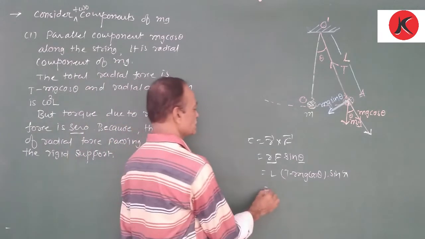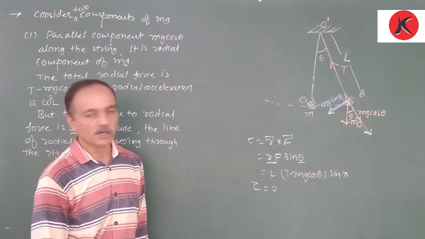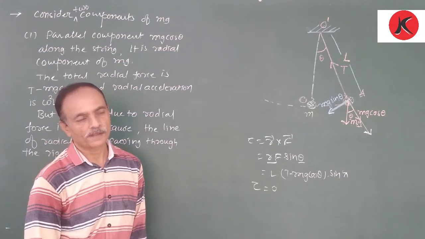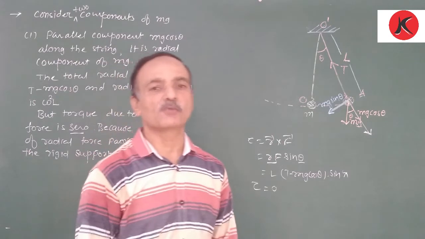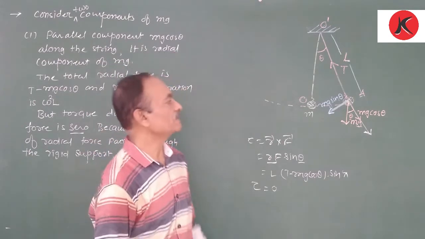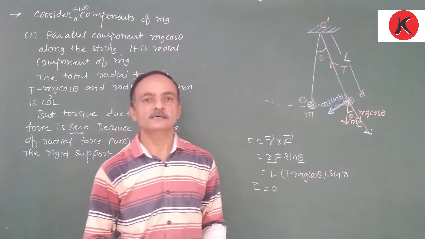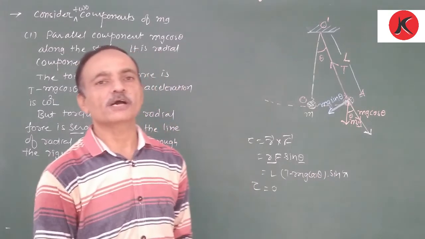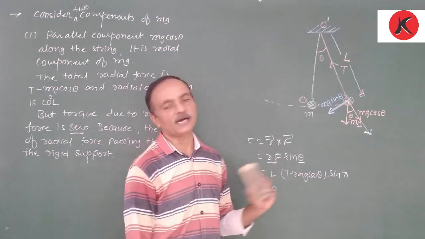Therefore the torque is also 0. Because already we learned this in rotational motion: if the line of action of force passes through the point of suspension or our reference point, the torque is 0 in spite of R and F being non-zero.